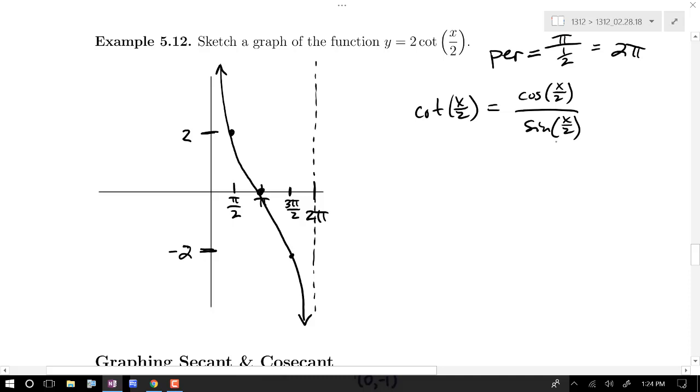Which means cotan has asymptotes wherever sine is equal to 0. Sine is normally equal to 0 at 0 and pi, but since this is sine of x over 2, x would have to be even multiples of pi in order for the argument inside sine to be 0. Okay. Yep. Other questions?